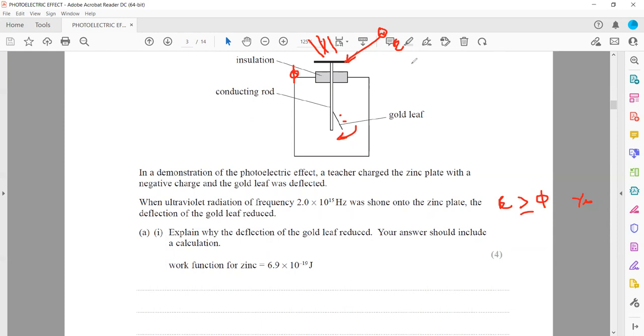Here the energy of the incident photon is equal to hf, where h is Planck's constant, a fixed value 6.63 into 10 to the power minus 34, multiplied by the frequency, which is 2 into 10 to the power 15 hertz.